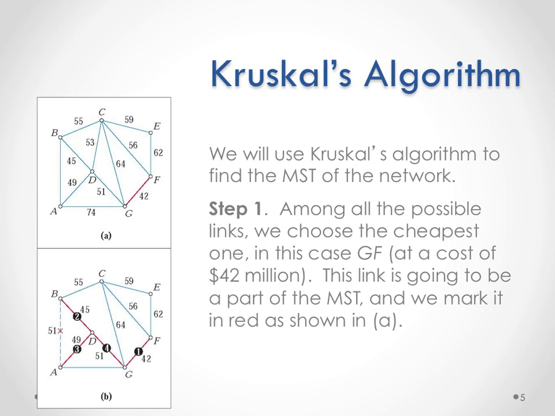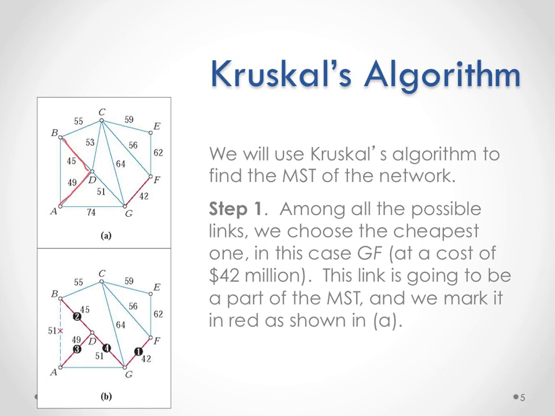So for figure A, we look at all the numbers here and we find that FG is the cheapest. So we go ahead and select that one. Then the next one was 45, which I have here. I'm going to trace A, but you can see it in B. So 45, then after we choose 45, we pick 49. Now notice we are not connecting them yet.